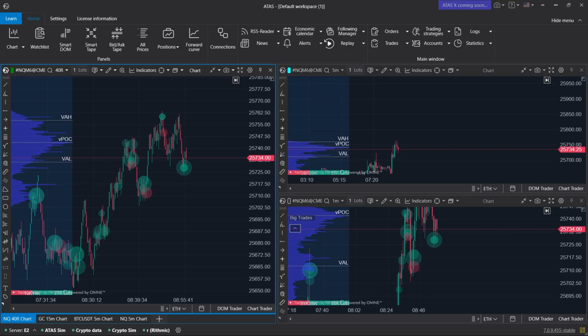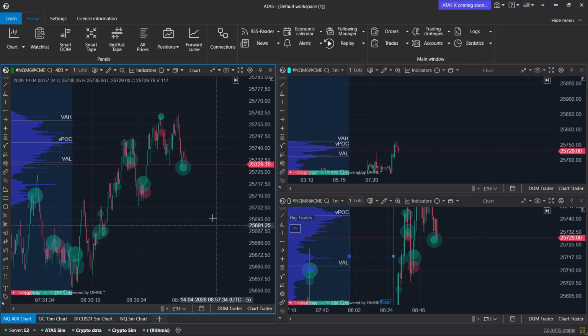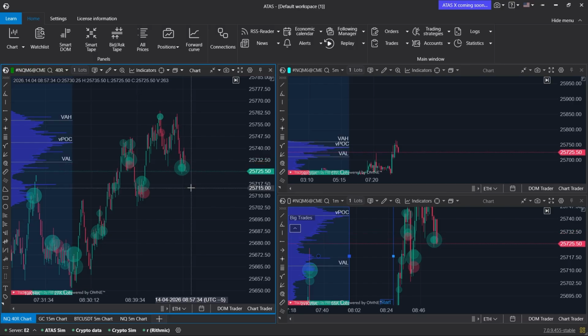In my TradingView, I just drew my support and resistance levels and my bias. I don't have a clear bias right now. So I think I'll just wait for the market to do its thing and confirm which side it wants to go, and then I'll trade on that.